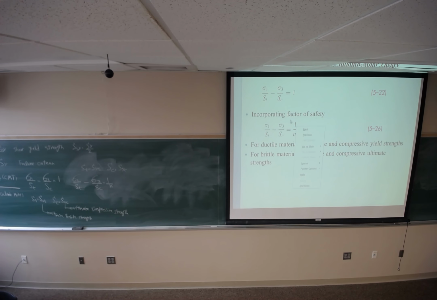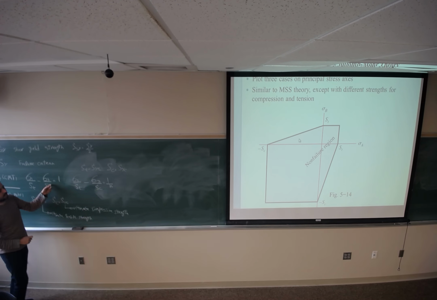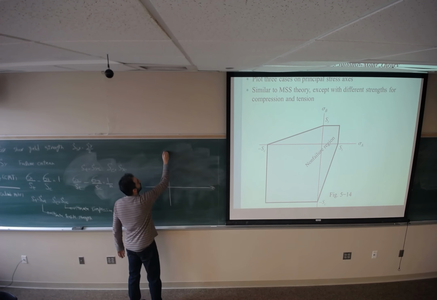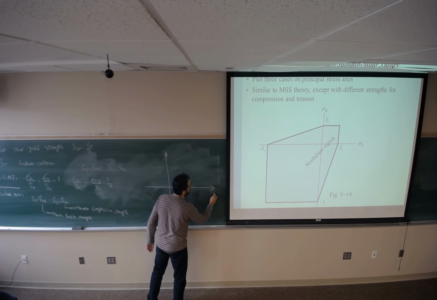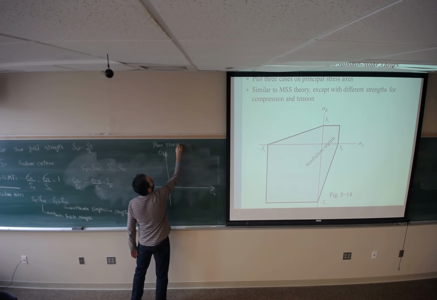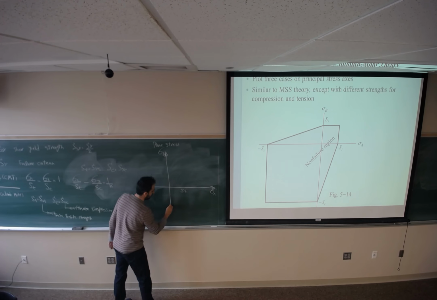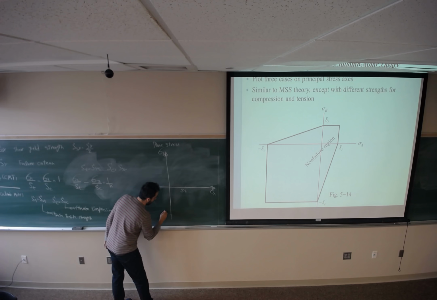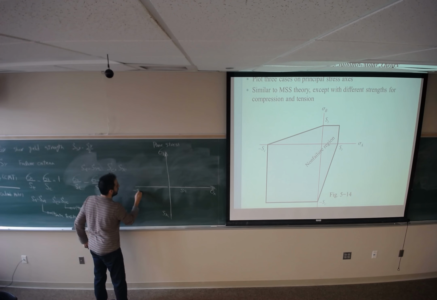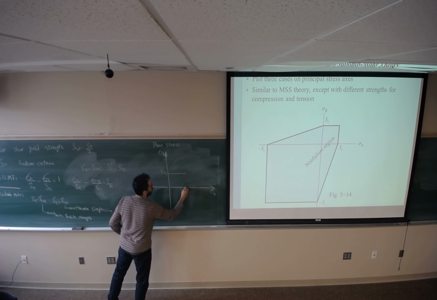If we plot the failure criteria on 4 quadrants, where we have plane stress, sigma A and sigma B, it's going to look like this. If this is SYT, SYC, negative SYC, and negative SYT, it's going to look like this.